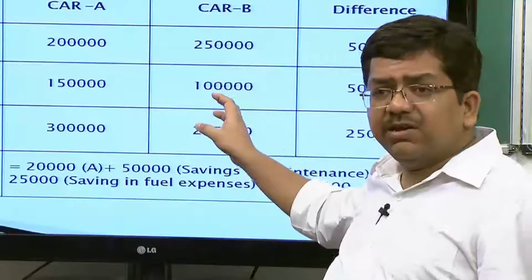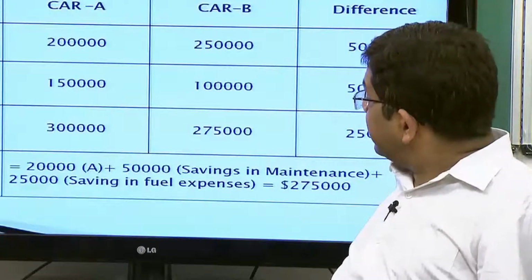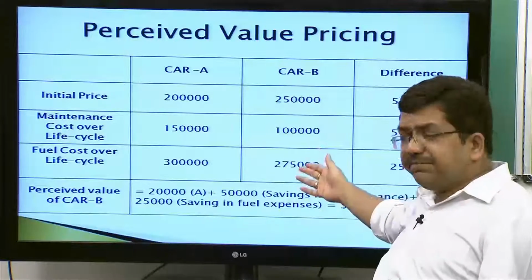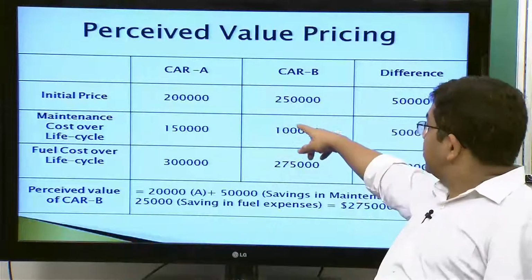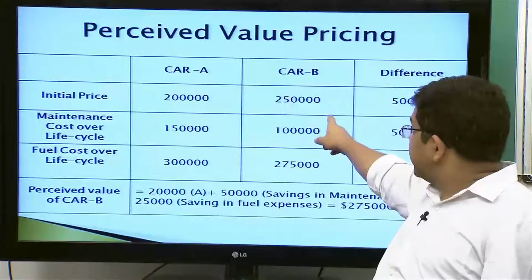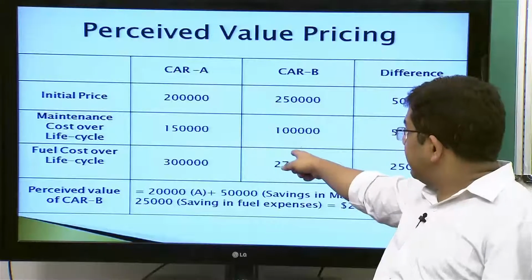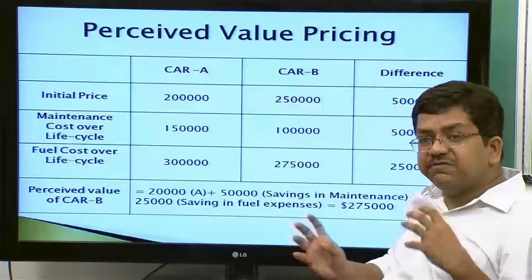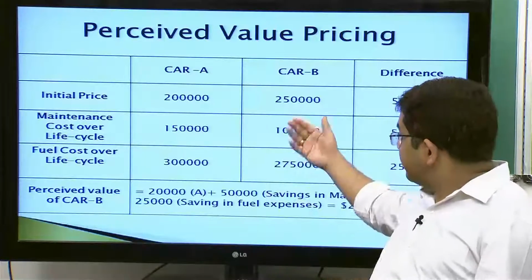Another way, through numbers, this example has been explained here. If you want to assess the value of car B with respect to car A, you will understand that though the initial price of car B is higher by 50,000 rupees, the maintenance cost over the life cycle of car B is 1 lakh less compared to car A. So it saves on maintenance cost over the life of the car, say for 10 years.